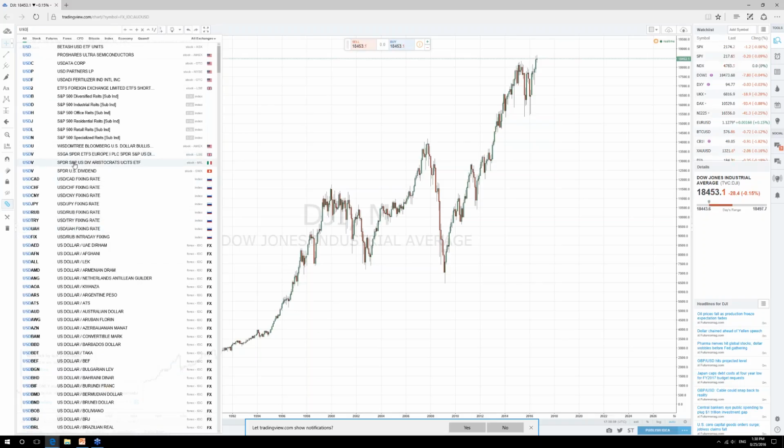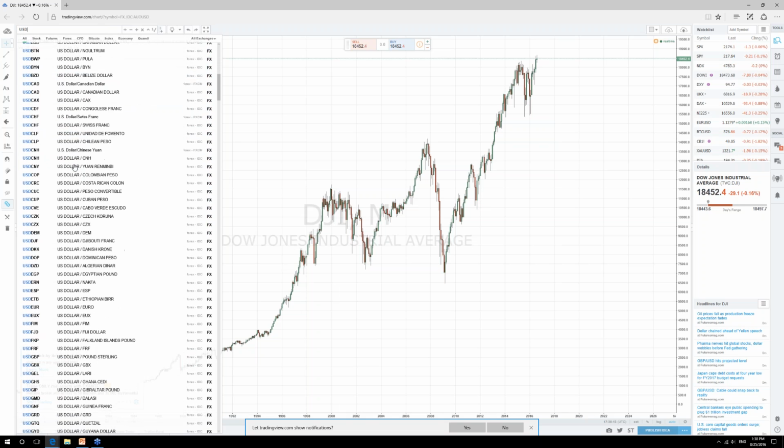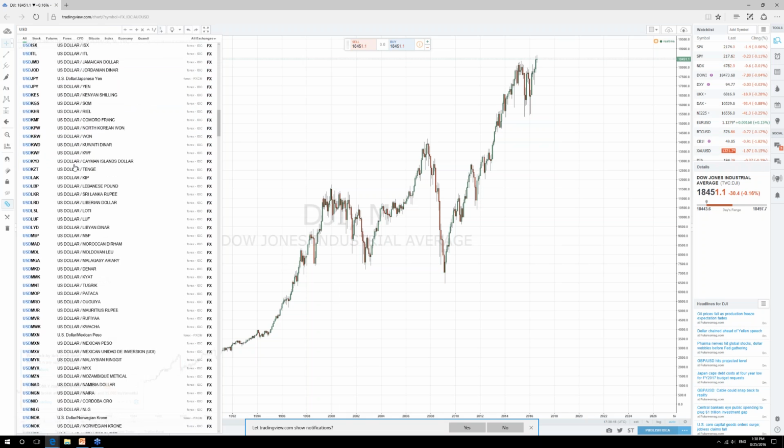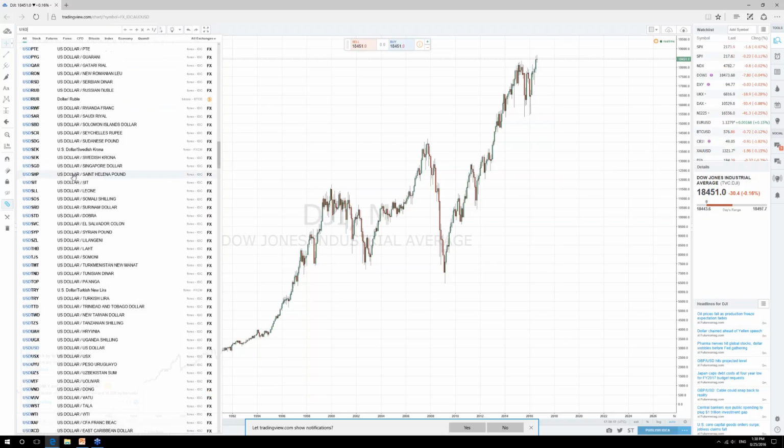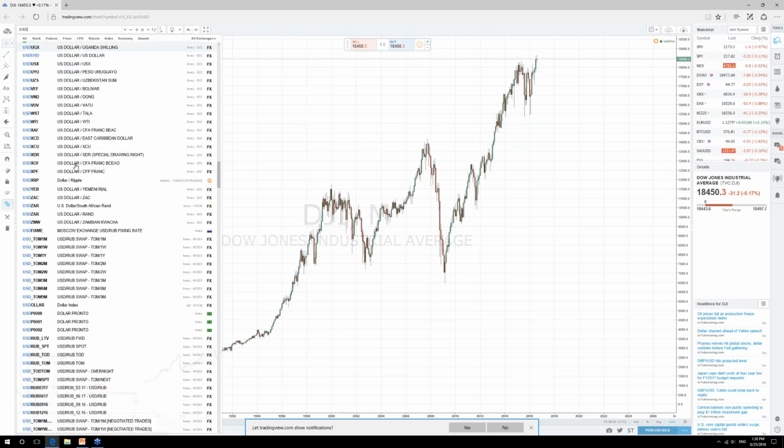I just want to take a look at the index. Bear with me for 1 second. I mean, we can take a look at the pairs as well. There it is.